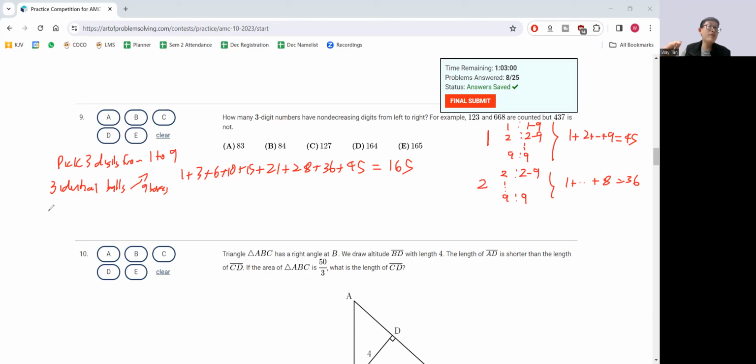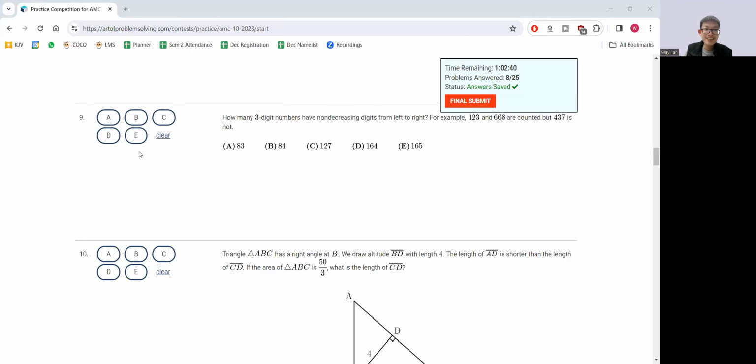And this is the same as the number of ways to arrange 3 objects with 8 partitions. So that would be 11 choose 3, which is also 165. Okay, so in this case, I've shown 2 methods. Please don't do 2 methods in an actual AMC. To check is fine, if you have time to check.